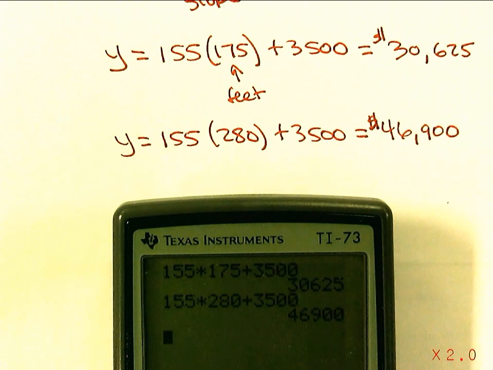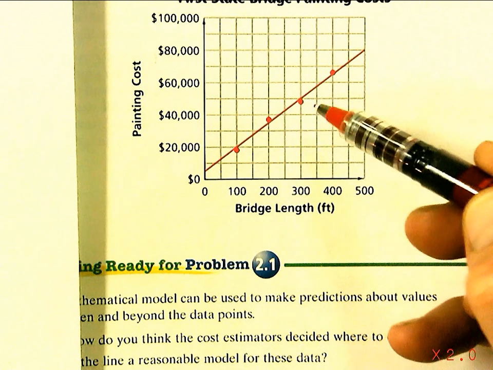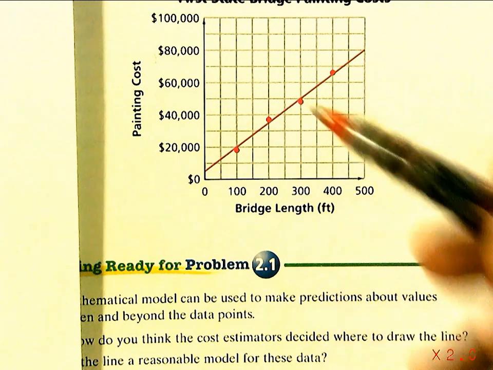Again, that's right around what I estimated using the graph. So my equation looks like it's working pretty well in terms of graphing and giving us answers that are right on that line. I remember I said it would be right around there in that area.